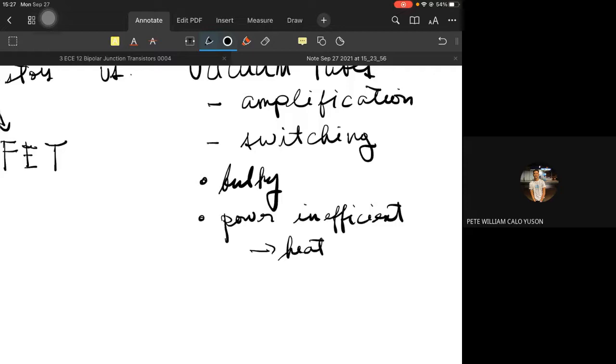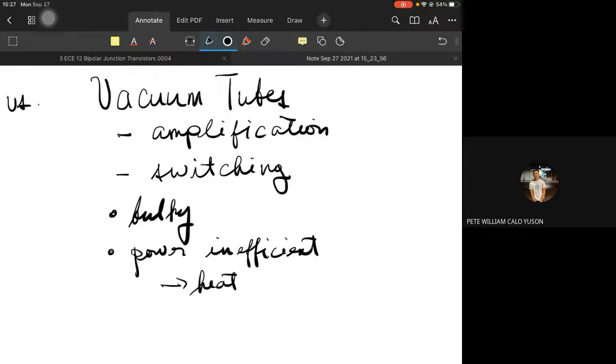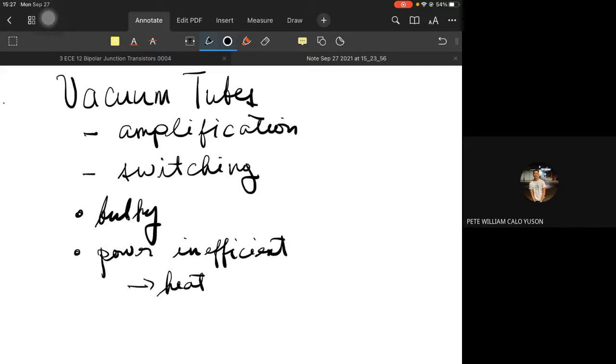One common size of vacuum tubes is comparable to an incandescent lamp, or light bulb.